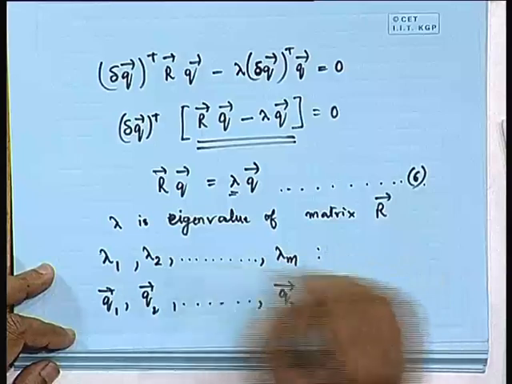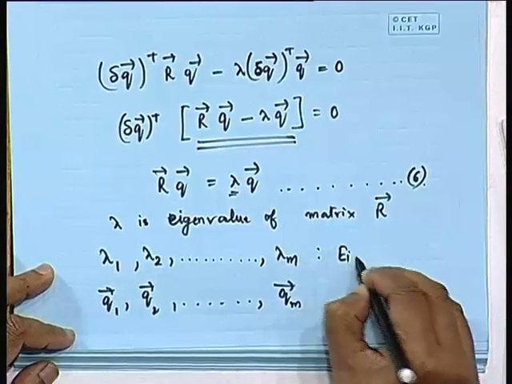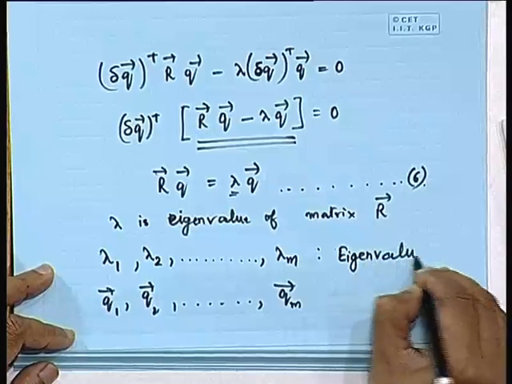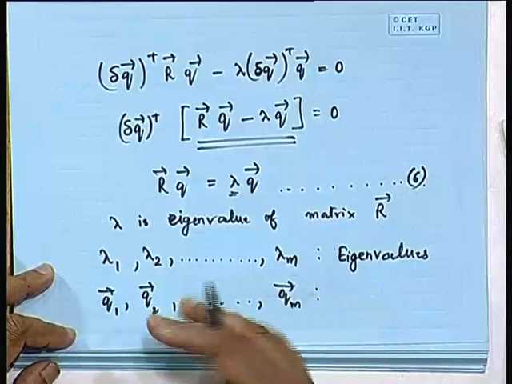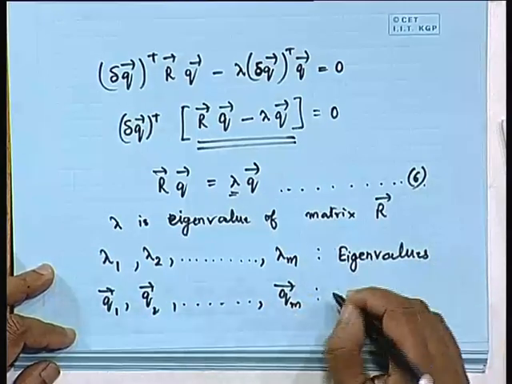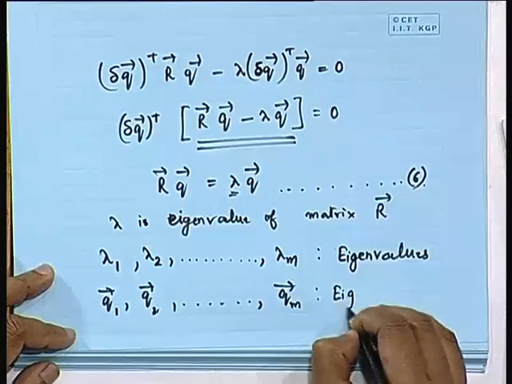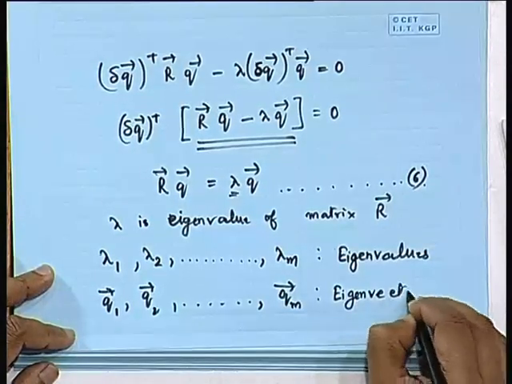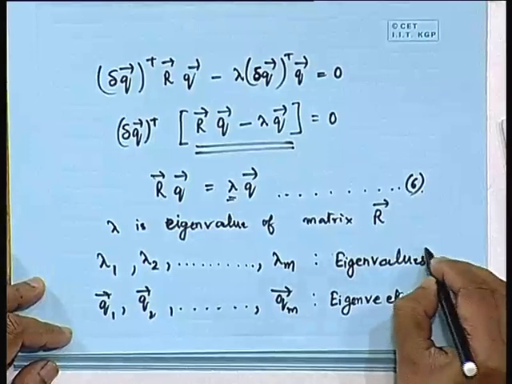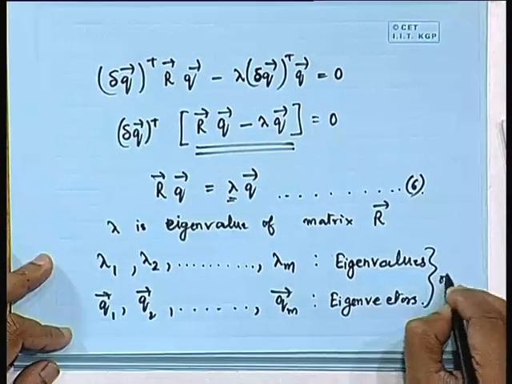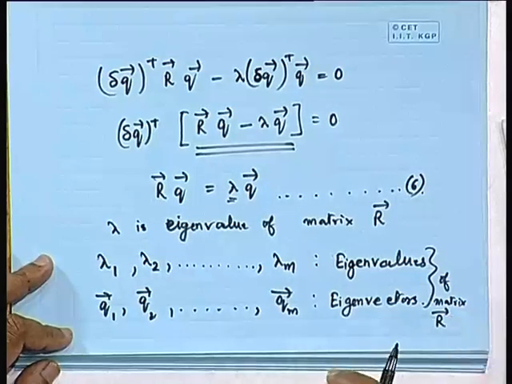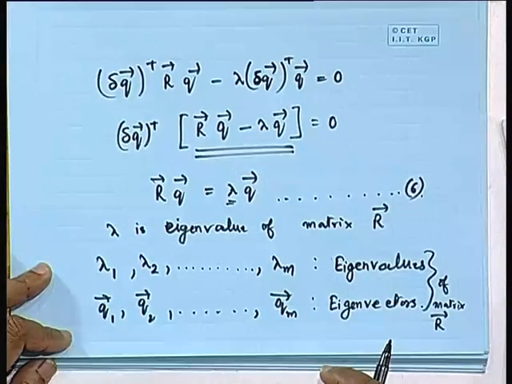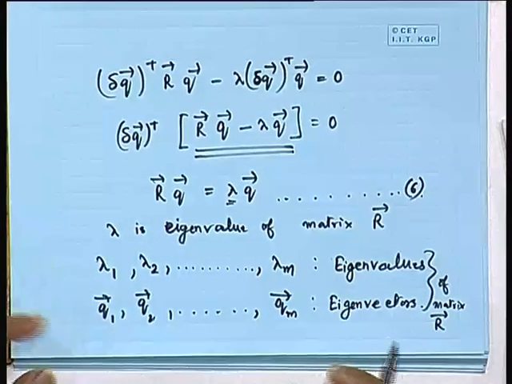So, lambda 1 to lambda m are the eigenvalues, and correspondingly all these q vectors to which space you are projecting the vector x, you are calling those eigenvectors. So, these are the eigenvalues and eigenvectors of the correlation matrix R. So, first of all we have to obtain the correlation matrix, that means we definitely know the statistics of this x vector.